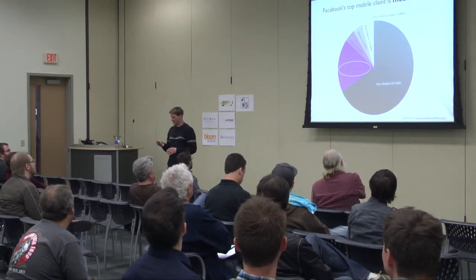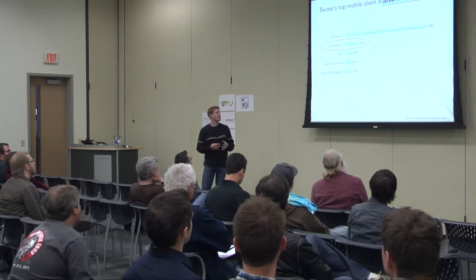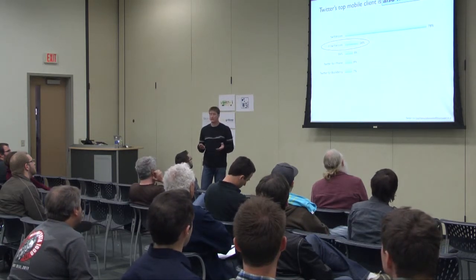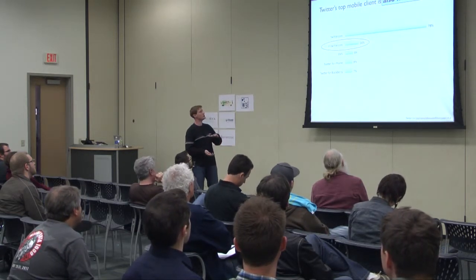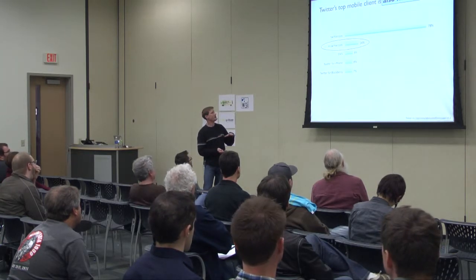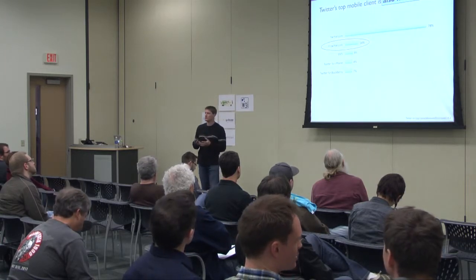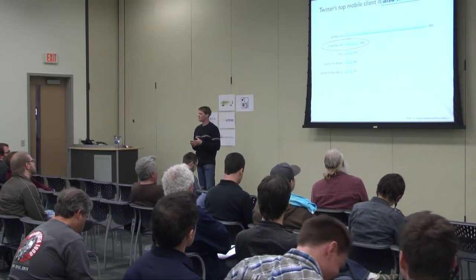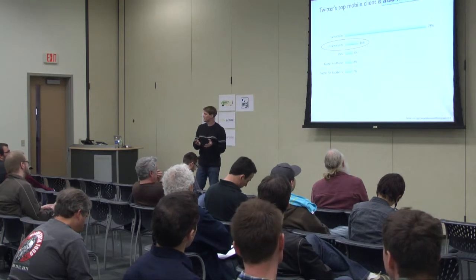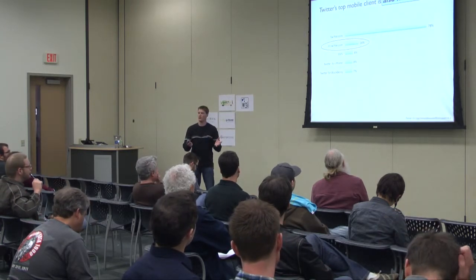It's M.dot. Again, for Twitter, Twitter.com, their desktop site, has the widest reach. However, if you look at their mobile offerings, M.Twitter, their mobile website, is number one, followed by SMS and then the iPhone and BlackBerry apps. So M.dot is very popular, again, for those sites that can't discriminate. They need to be available for a wide array of audiences.